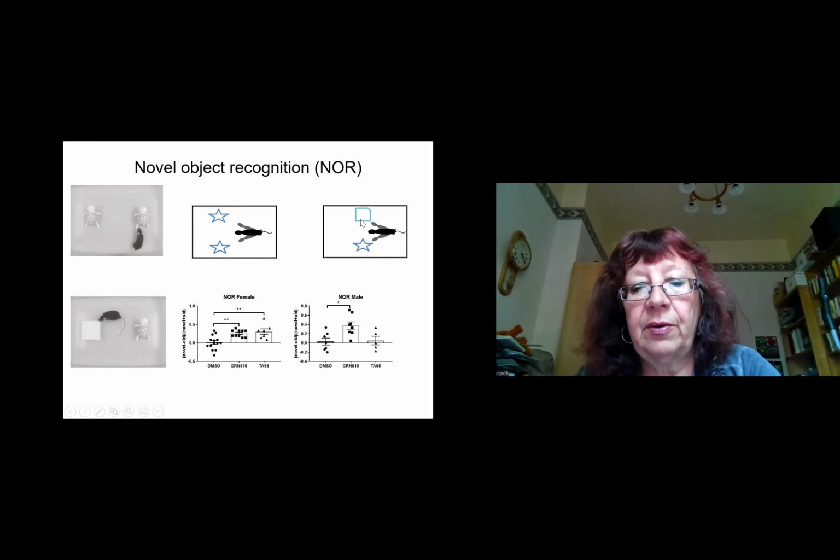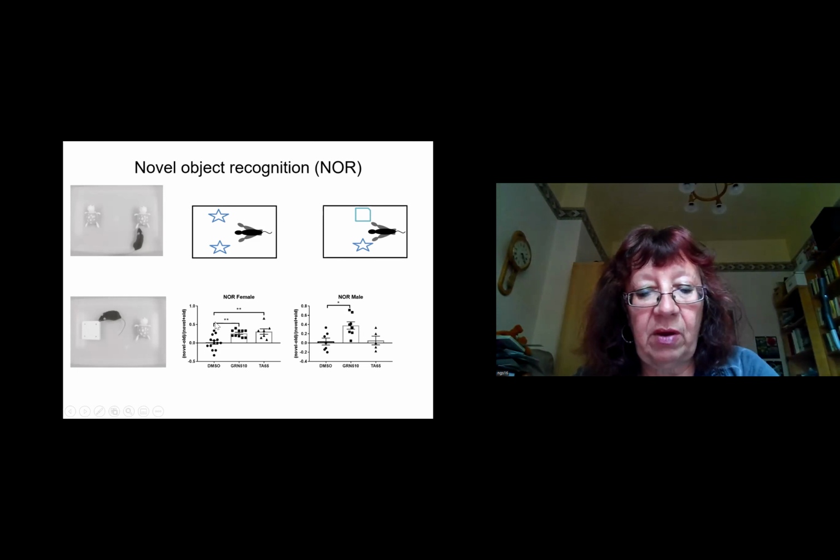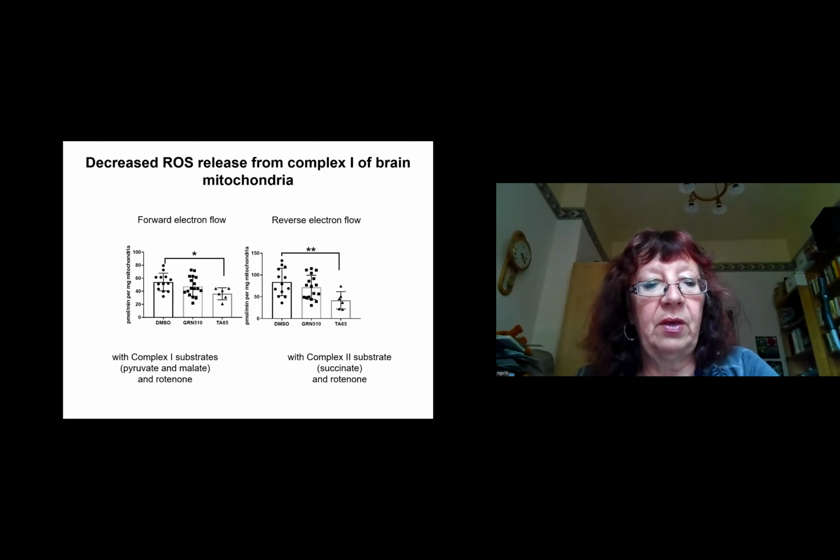And you assume that a more healthy mouse with better cognitive capabilities would be more interested in the novel object. And that's what we find for the females with both activators. However, again, for the males, only the GRN 510 had an effect.